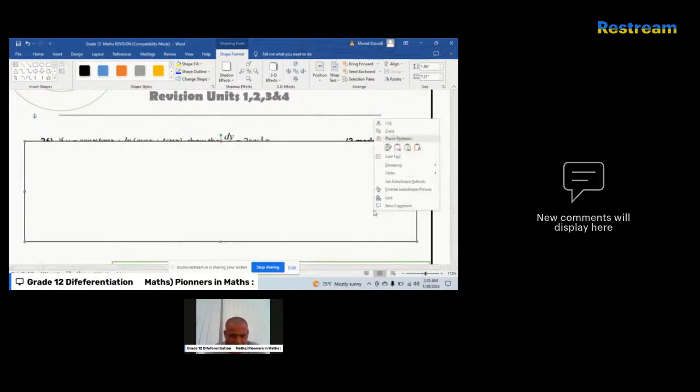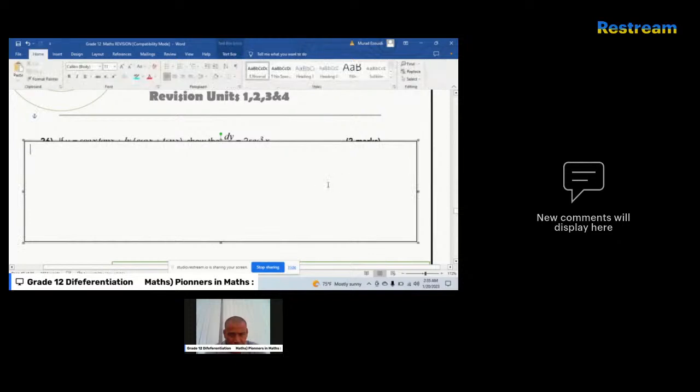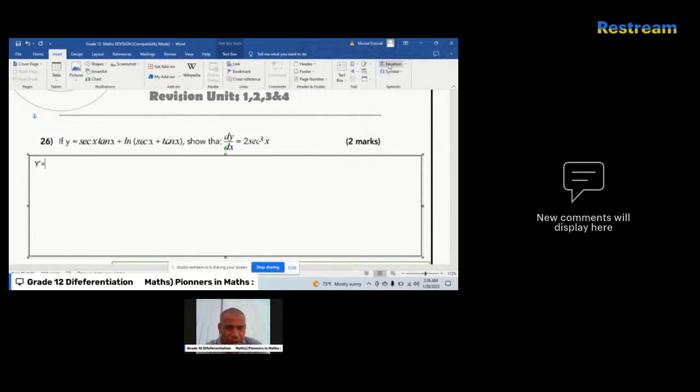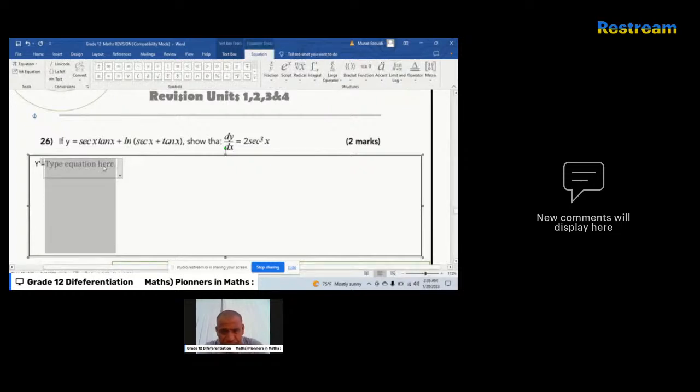I will add the text. Okay, now I'm going to make regular. Therefore, the first derivative: y dash means the first derivative of the function with respect to x. I'll write dy with respect to x, which is equal to y dash.